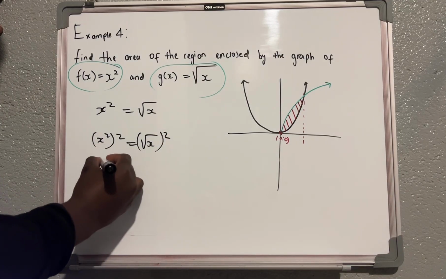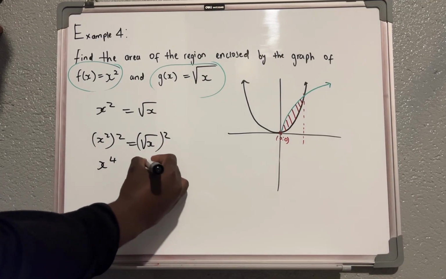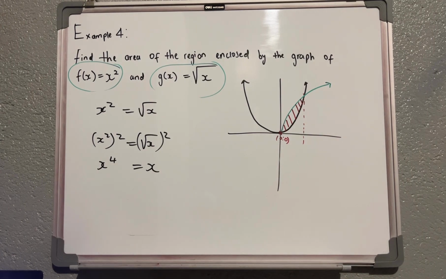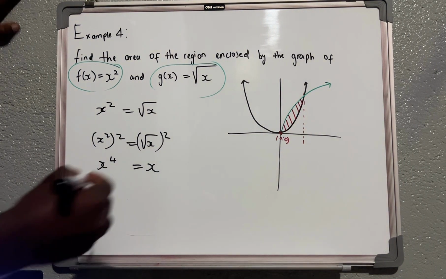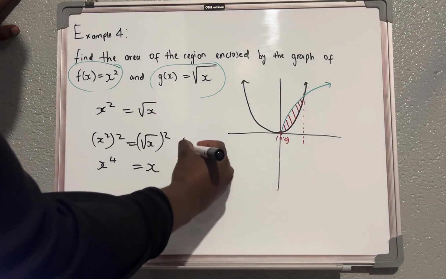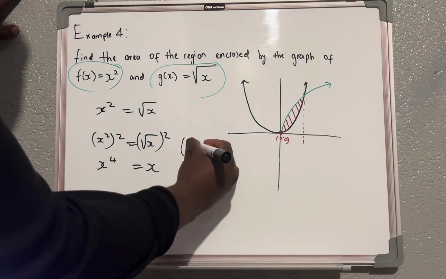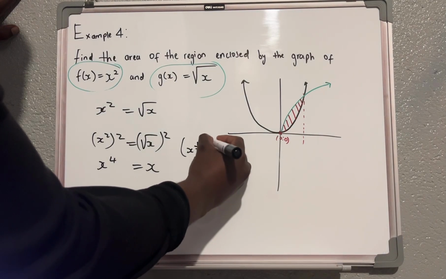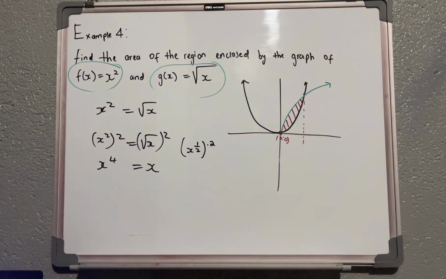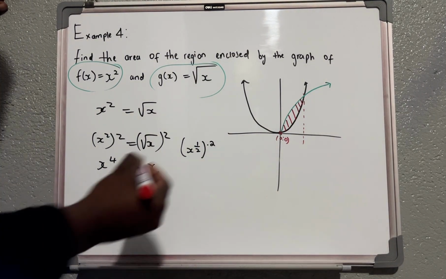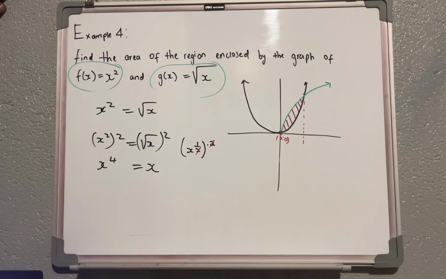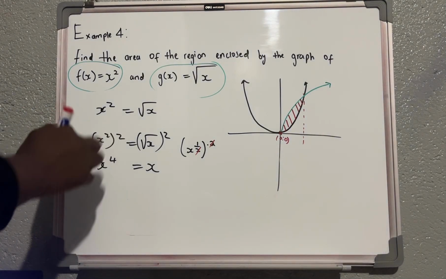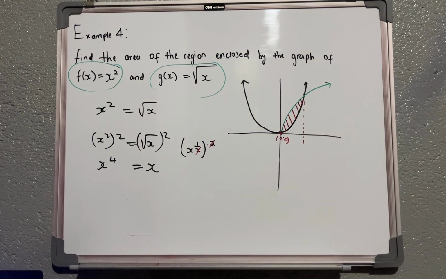This is the same as having x to the exponent 4 equals x. Remember, the square root of x is the same as x to the exponent 1 over 2. Then here we have that 2. For those that don't understand, this 2 is going to cancel that one, hence I just have that 2. In this instance, it's 2 multiplied by 2, then you get this 4 here.